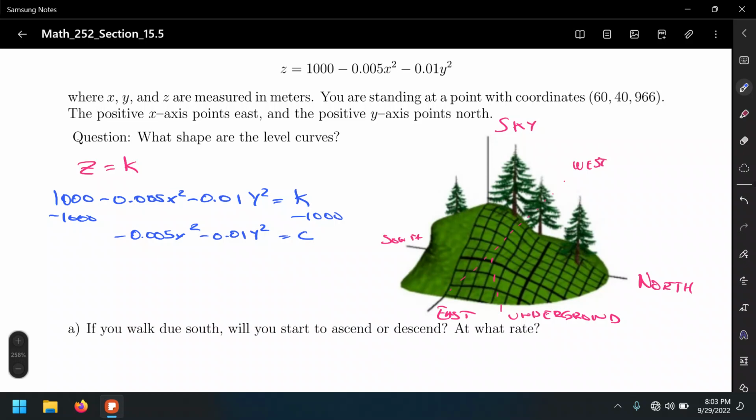Let's change these negatives into positives: 0.005 x squared plus 0.01 y squared equals still a c, because if we divide both sides by a negative, that's just an arbitrary constant, by absorption, the same way we did back in Calc 2 when we solved differential equations.